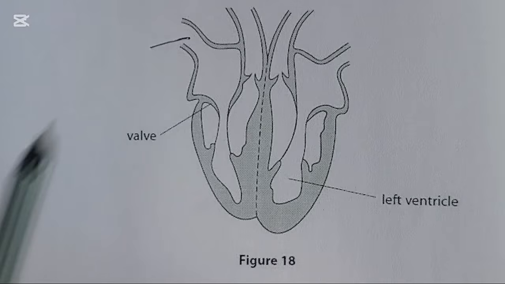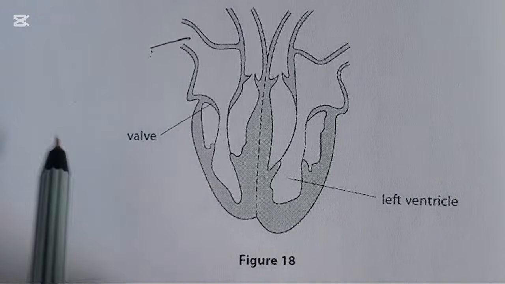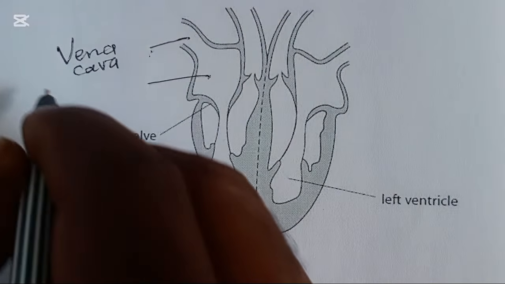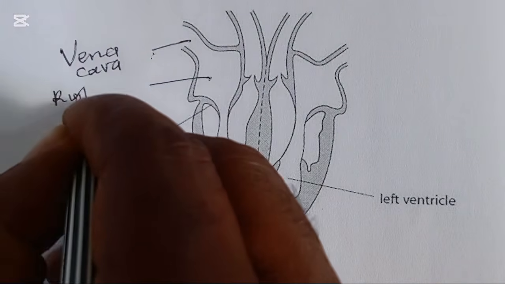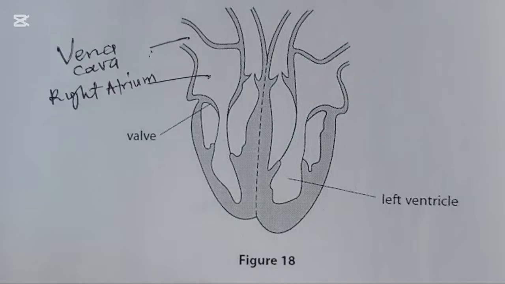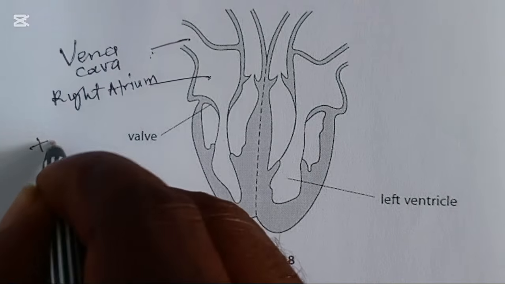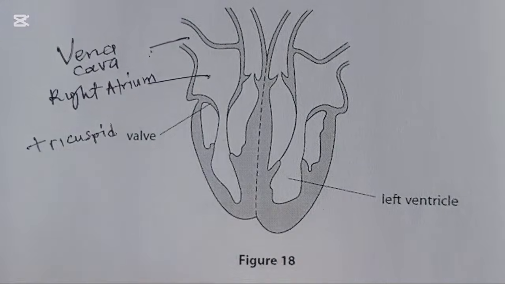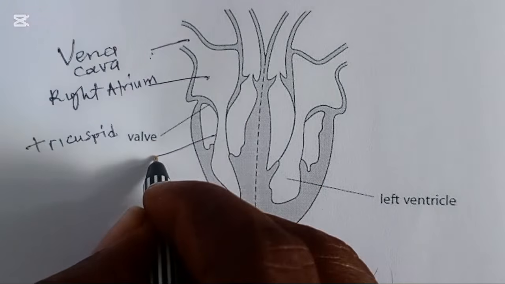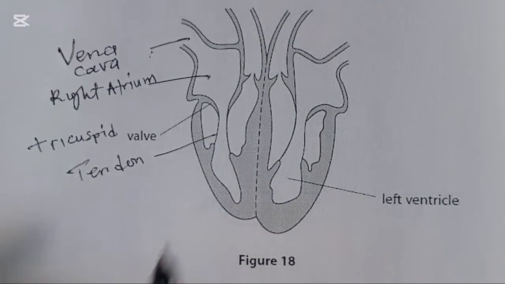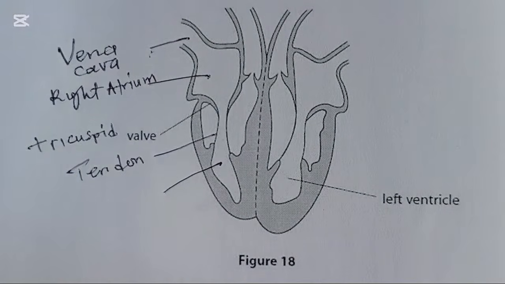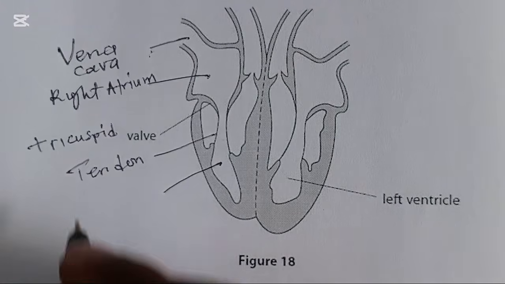So this is the vena cava, and this is the right atrium. This valve is called the tricuspid valve, and this is a tendon, and this is the right ventricle.